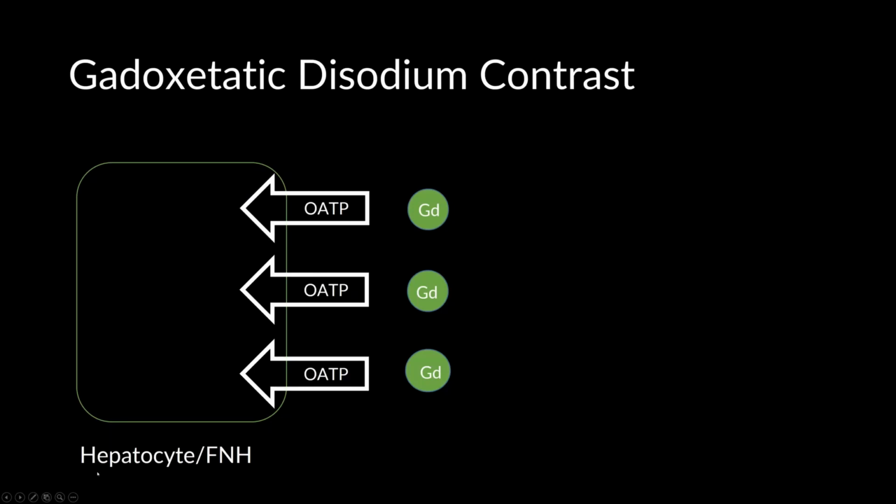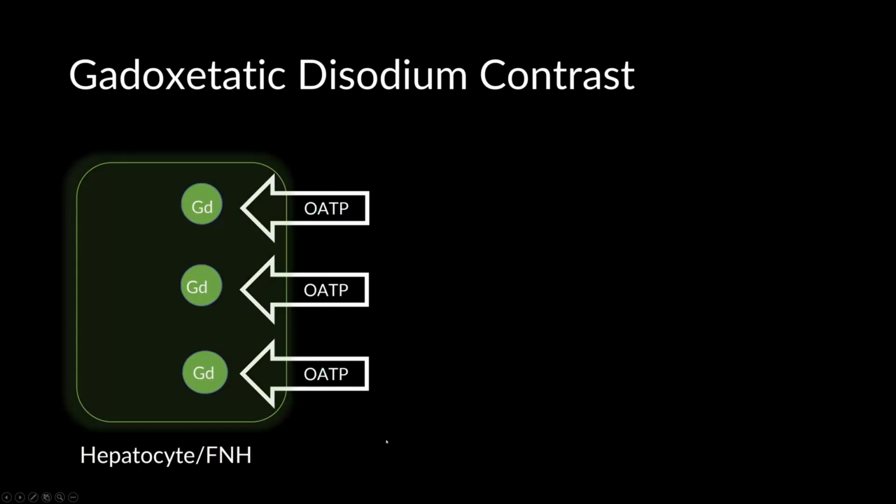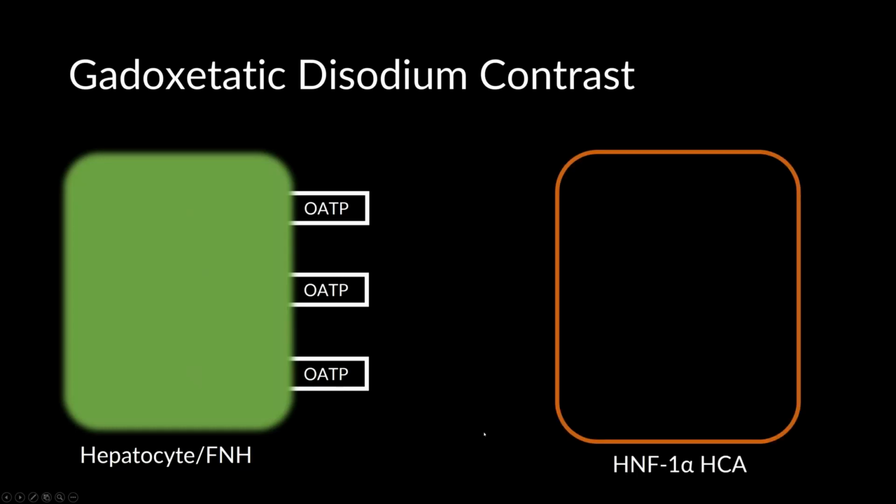And then as far as whether or not to use gadoxetate for contrast, as we know, normal hepatocytes and also FNHs have these OATP B1, B3 proteins that allow gadolinium to go into the hepatocyte, allowing them to enhance with gadoxetate administration.